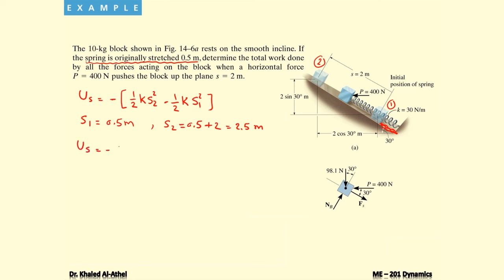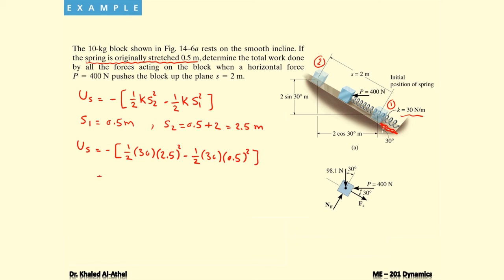So writing the work done by the spring now becomes straightforward. It equals minus, open a bracket, 1/2 times the spring constant, which is given in the figure as 30 Newton per meter. So it's going to be half multiplied by 30 multiplied by 2.5 square, minus half multiplied by 30 multiplied by 0.5 square.